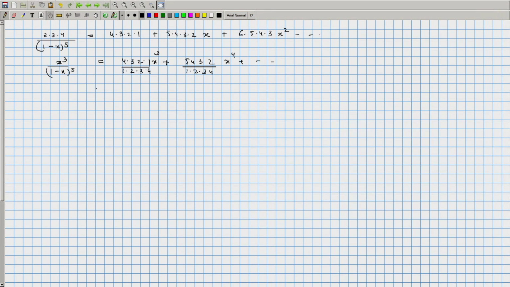So, basically this is going to be equal to summation over n going from, let us say 3 to infinity x raised to n, n plus 1 choose 4. Okay.